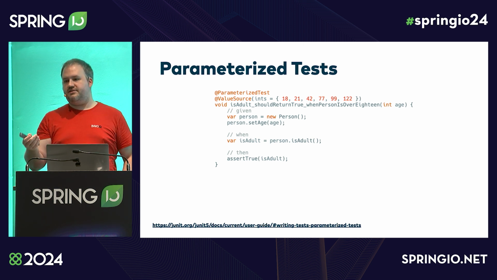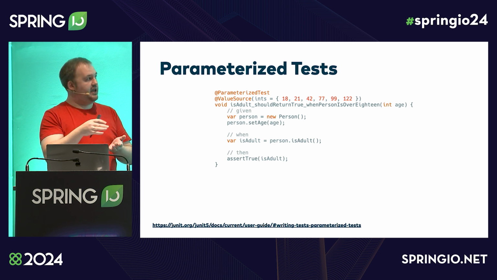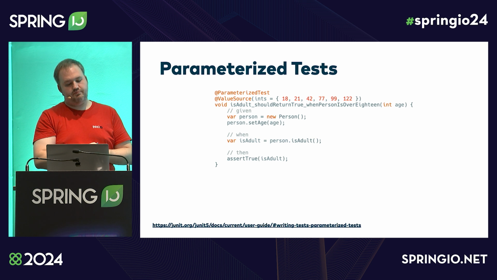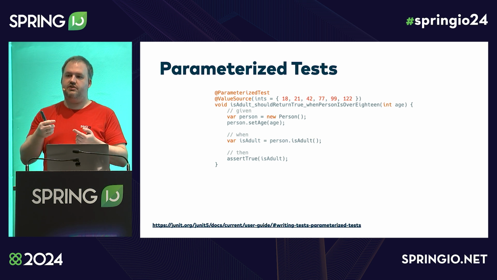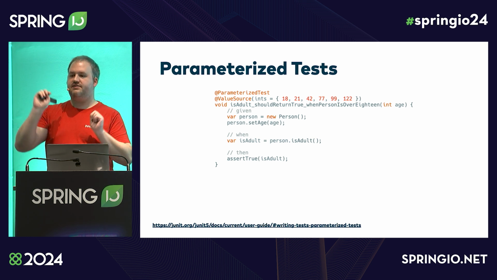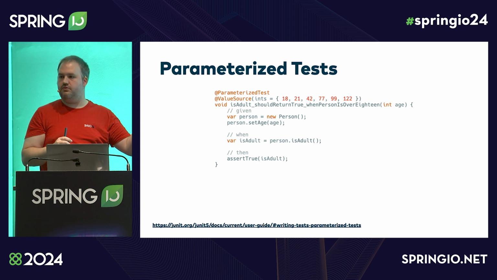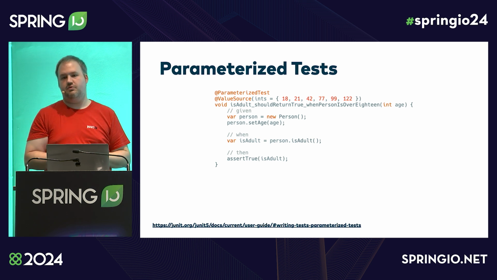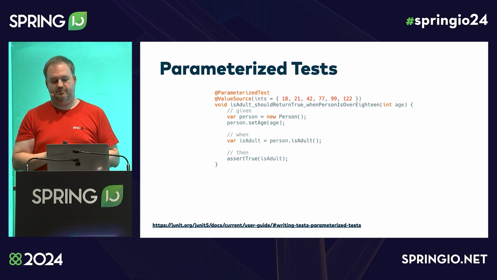But a parameterized test makes it so much easier. So you just have one test and an argument, and then you need some kind of source. And now JUnit basically generates one test for every value. So we have written 6 tests with one line and some method body.